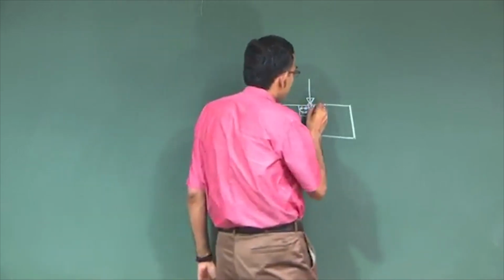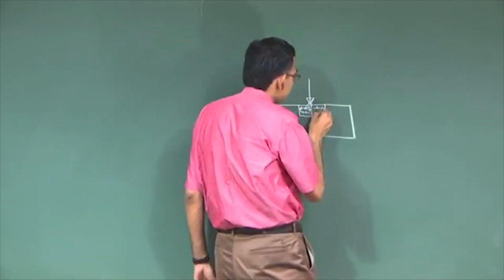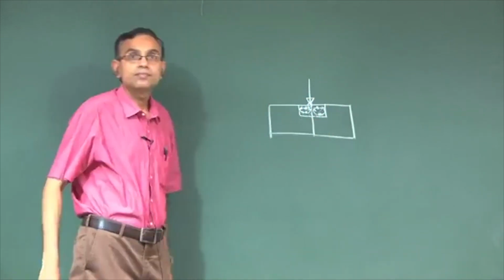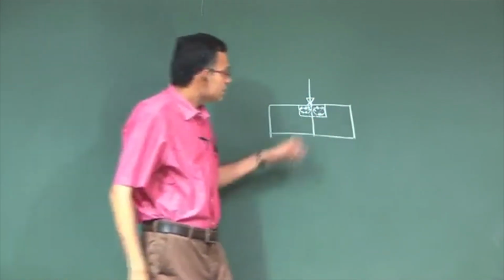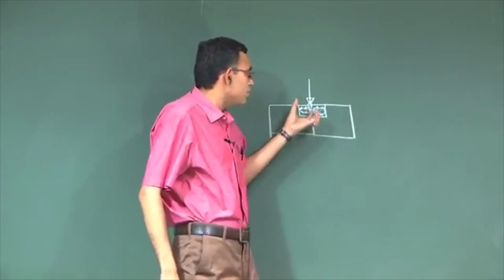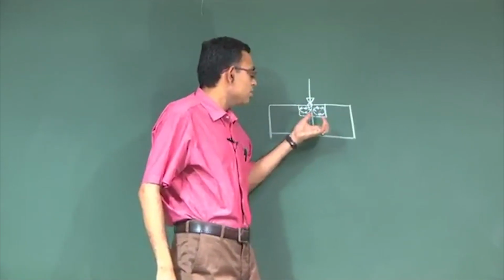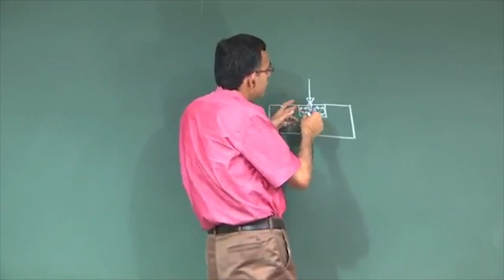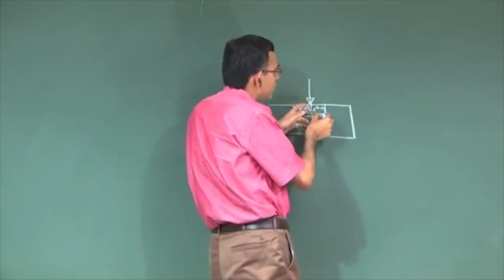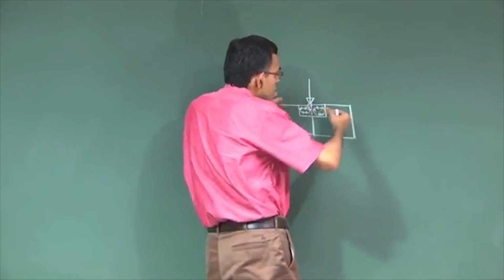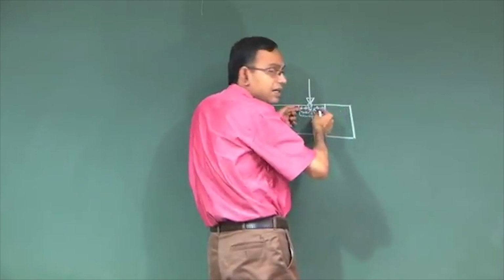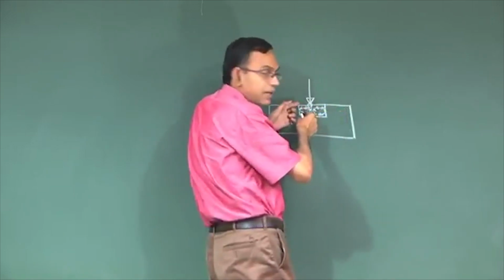A similar flow pattern will be there on the other side, like this. It is not that this fluid flow is confined only in this and this fluid flow is only confined within this. In this process these two materials can interact because this flow can penetrate here and this flow can penetrate here.